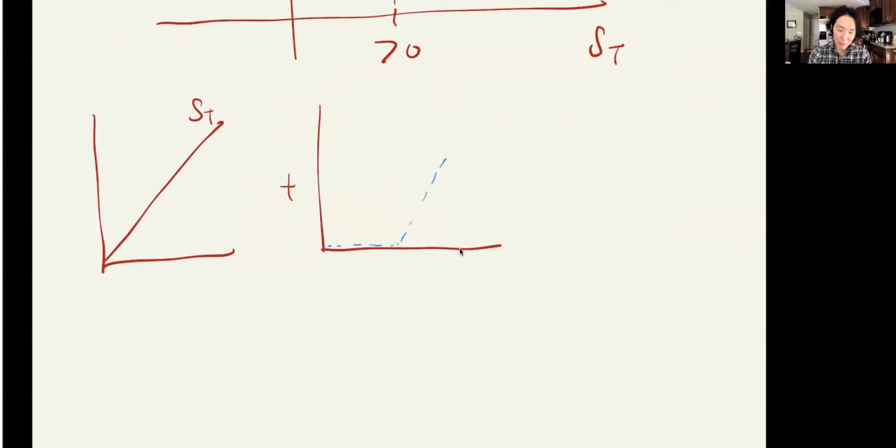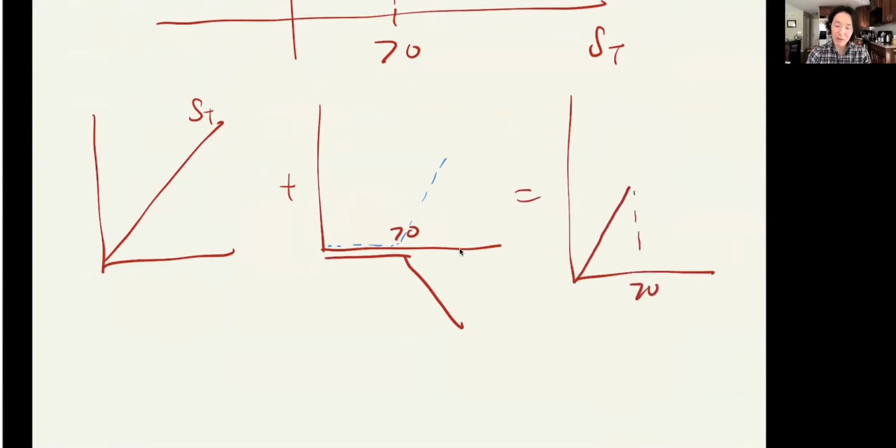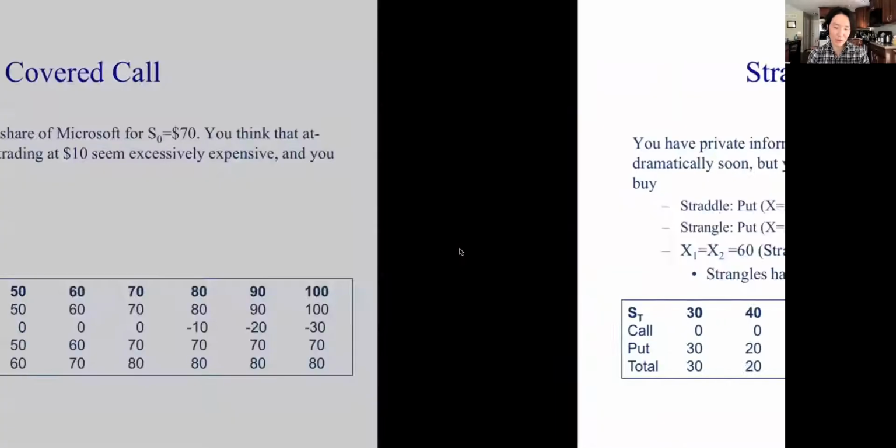Now, short call is basically the flip side of it. So it looks like this. The payoff looks like this, and the strike was 70. Therefore, what do you get? You get the following. It goes along the 45 degrees line until 70, and then it flattens out. So this is a covered call position.